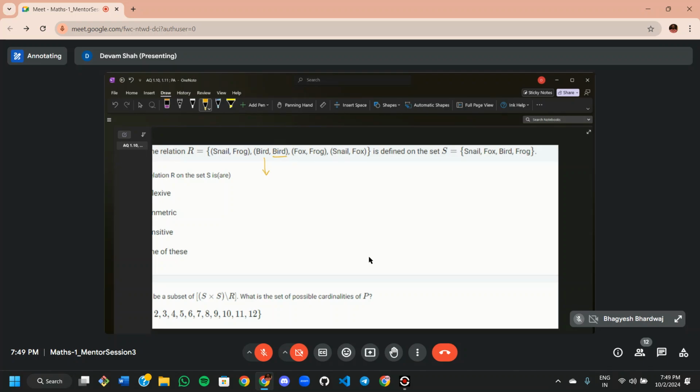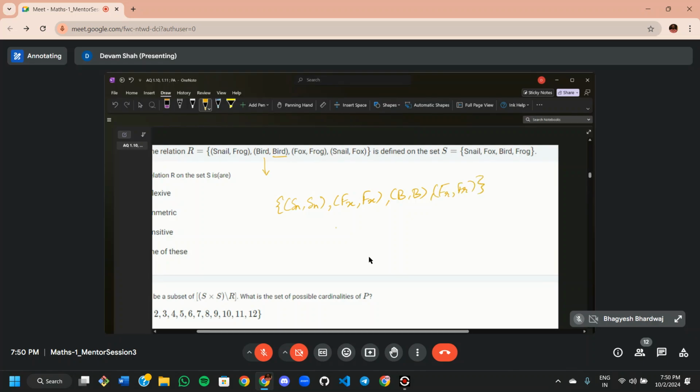Is every reflexive relation transitive also? No, can't say that because you also need to check what other terms are present. For example, if you take this: snail, fox, fox, bird, bird, frog, frog.